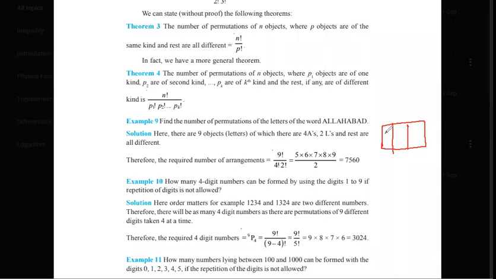Think logically. Except 0, everything can be there, so 5 options. For the next position again 5 options because 0 can be used. For the last, 4 options. So the answer is 5 into 5 into 4, which is 100.